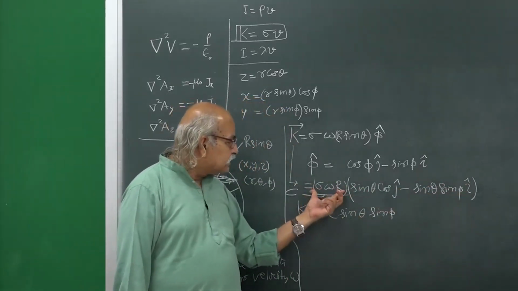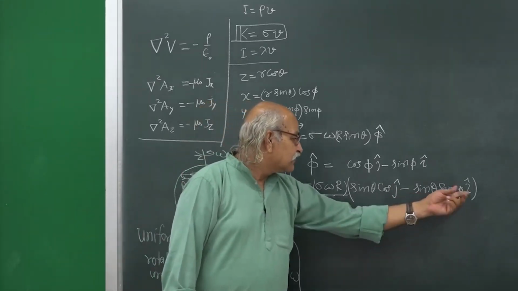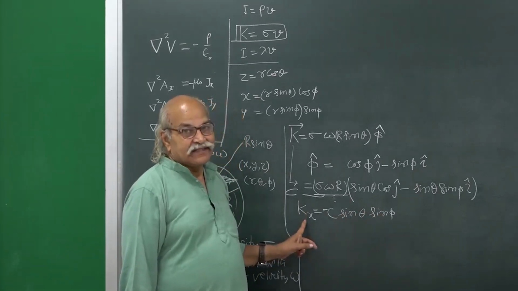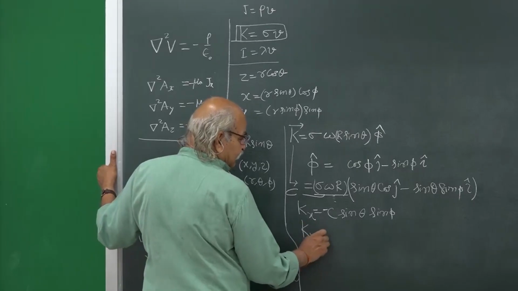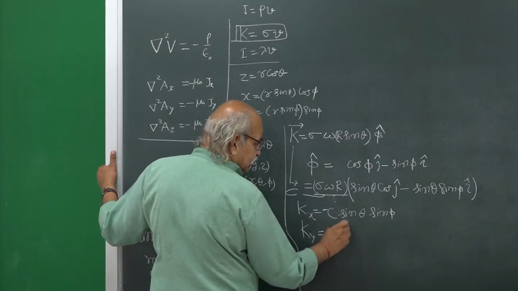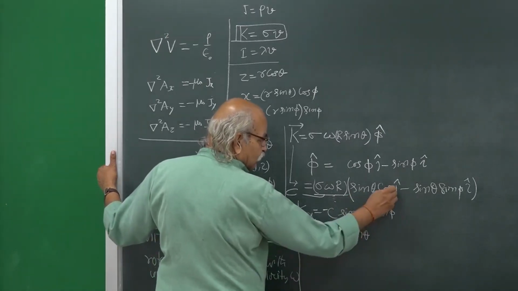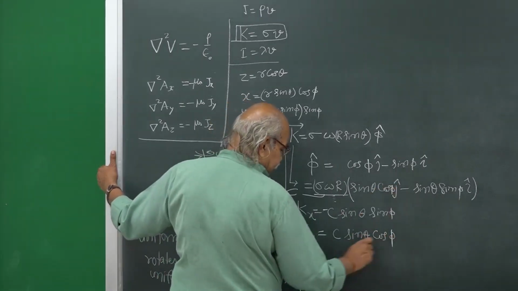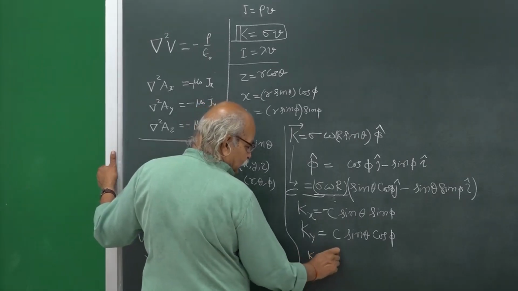So, it is minus C sin theta sin phi for the x component, and for the y component, the j cap component, it is capital C sin theta cos phi. And the z component is 0.